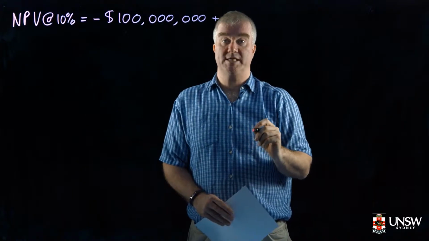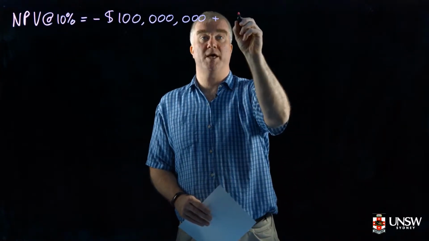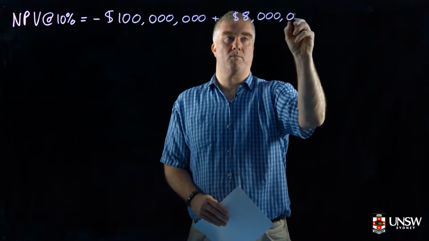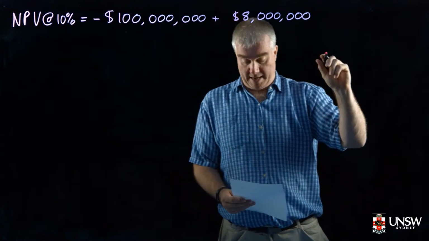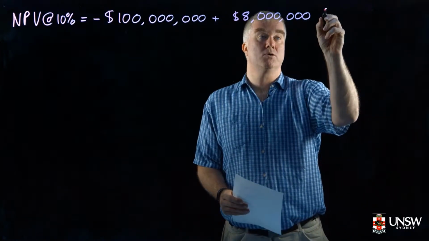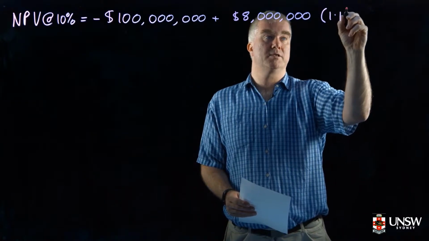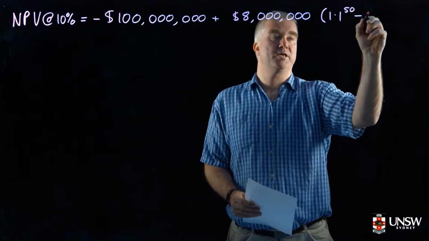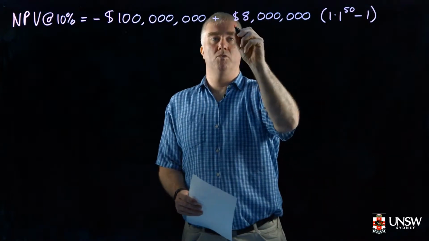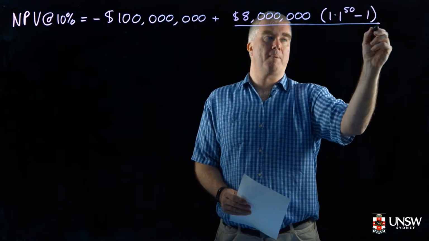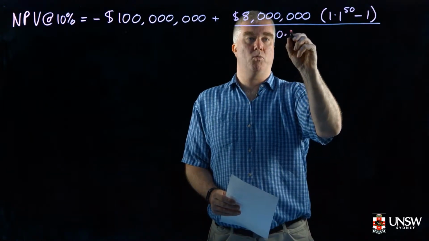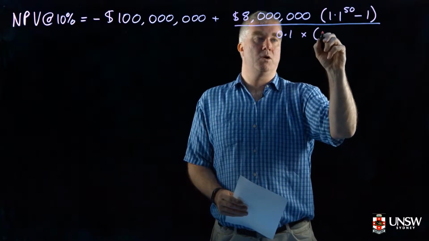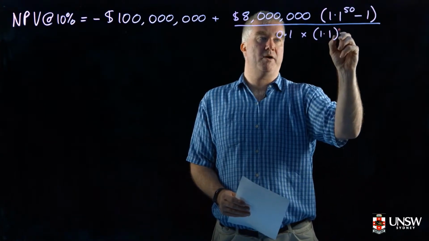The benefits we said were $8 million per year times the factor, and the factor is 1.1 to the power of 50 minus 1, all divided by 0.1 times 1.1 to the power of 50.